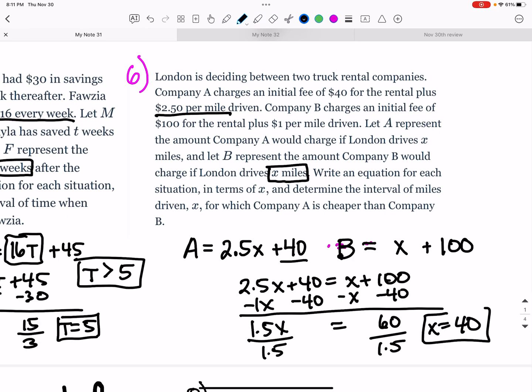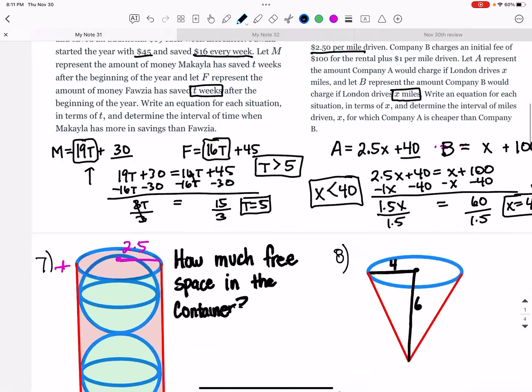And so right now A is cheaper, but only for the first 40 miles. Then B is going to take over. So as long as x is less than 40 miles, A will be cheaper.